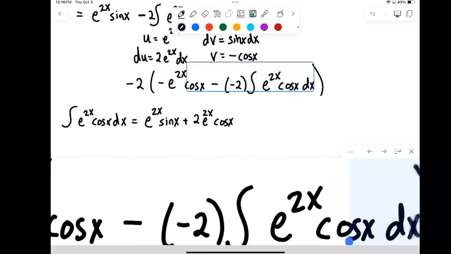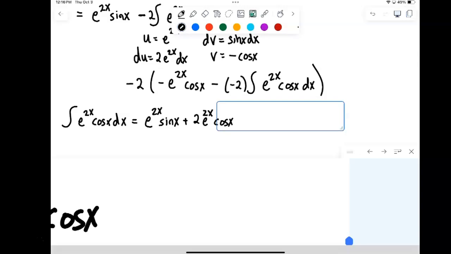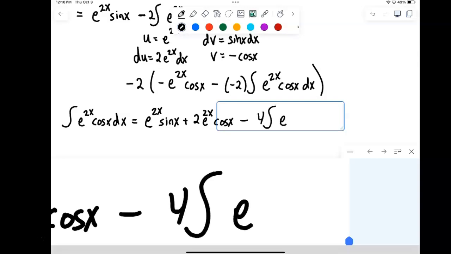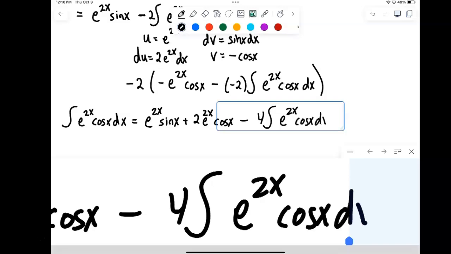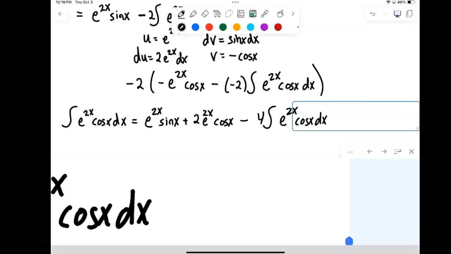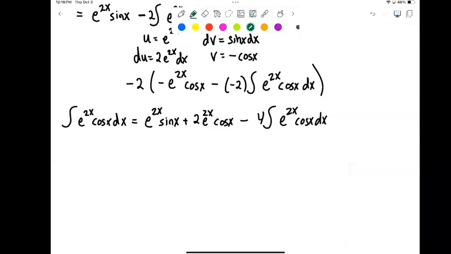And then a minus 2 times a minus 2, that will be minus 4 times the integral of e to the 2x cosine x dx. And here's where you want to see the light. Originally we had this integral, and now we have over here minus 4 times that.